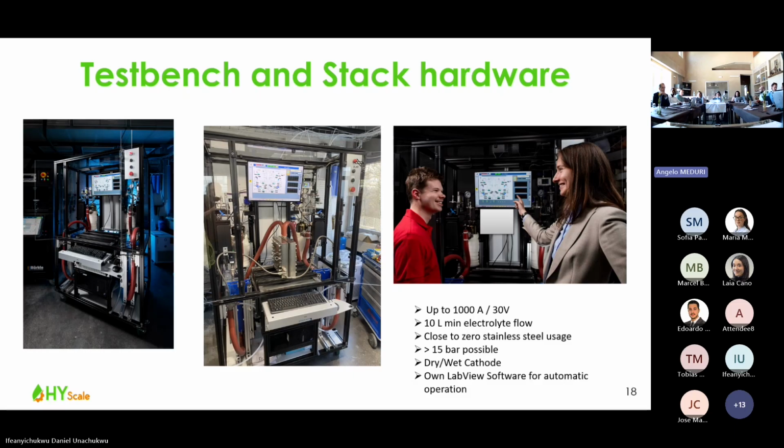With that design, we can use dry and wet cathode. And we developed our own LabSheet software that can be used for automatic operation. That means refilling, the protocols and everything can run automatically, with safety features like hydrogen and oxygen measurement and the other way around.